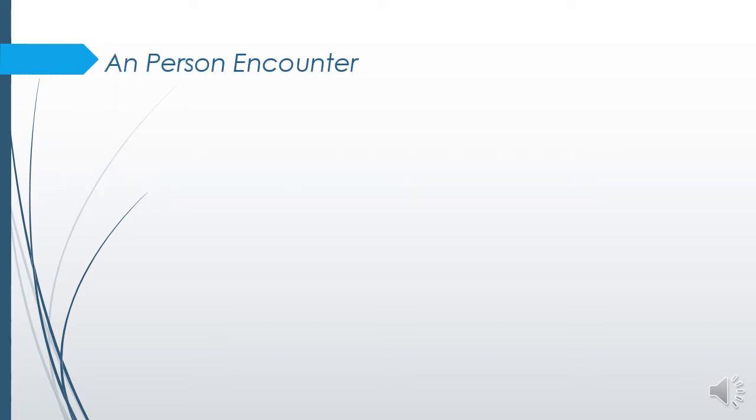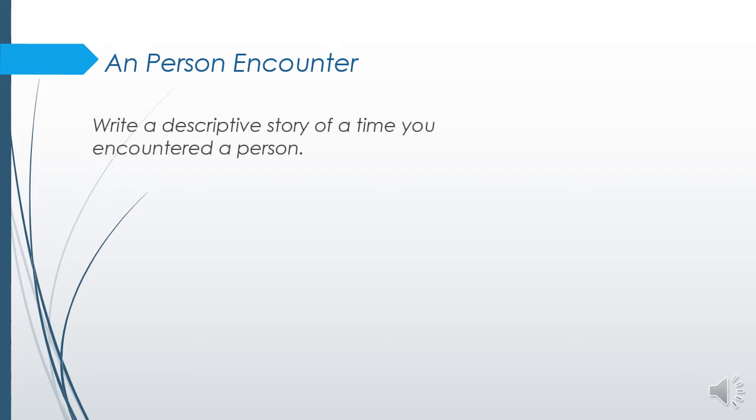Now, towards the end of the chapter, we should be able to write a thoroughly descriptive story about encountering a person, an animal, or an object. For the sake of the following example, I chose the encountering of a person, but they mainly revolve around the same checklist.